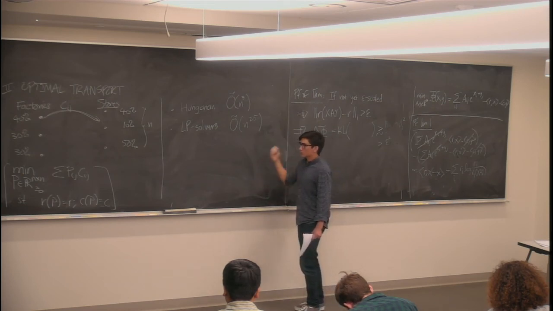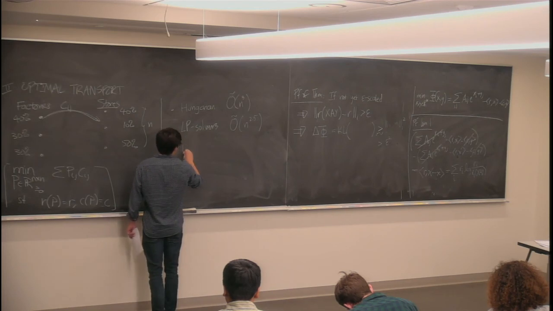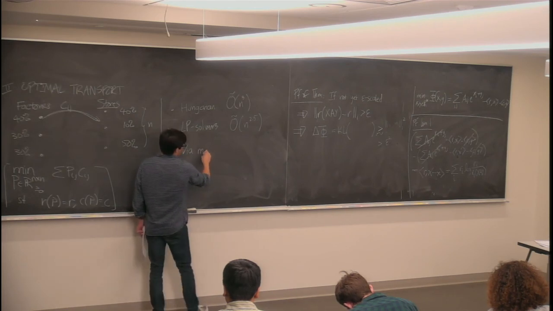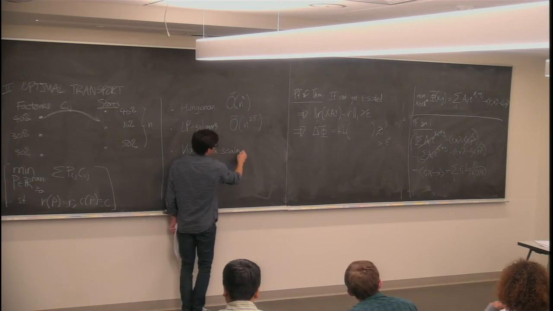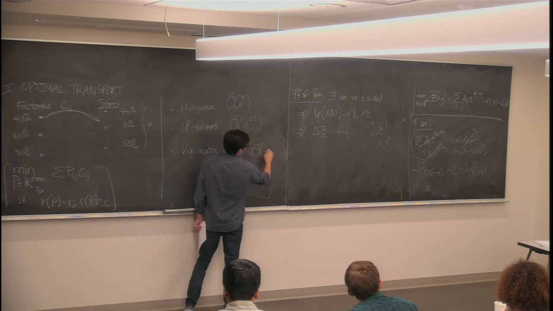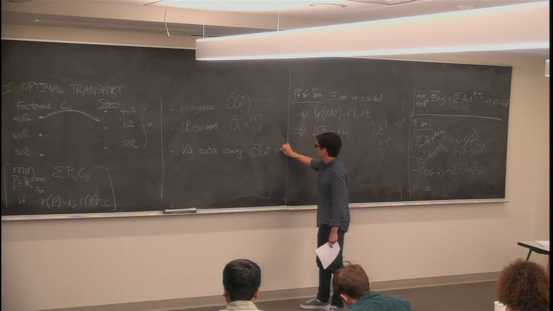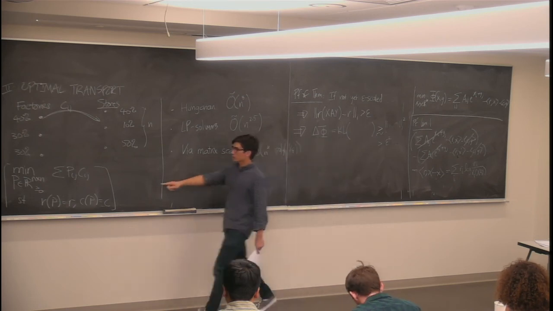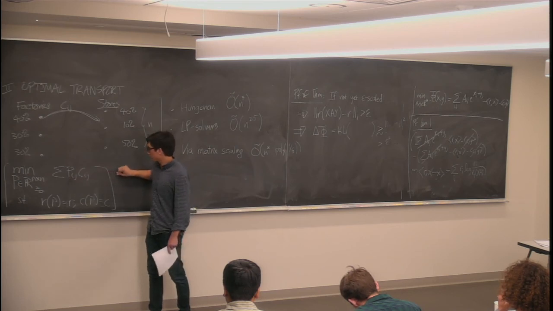And it turns out with this matrix scaling algorithm, you can actually solve this. The reduction to matrix scaling, I'll just sketch. You can solve this in n squared time, and this will do something approximate. What it'll do is give you a shipping plan P for which the cost is within plus or minus epsilon of the optimal.